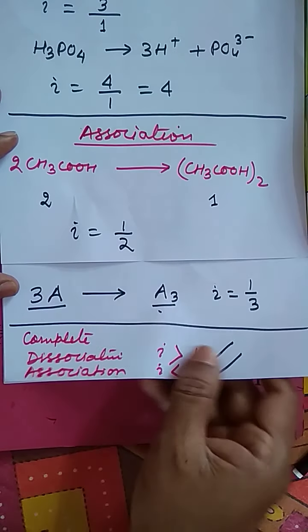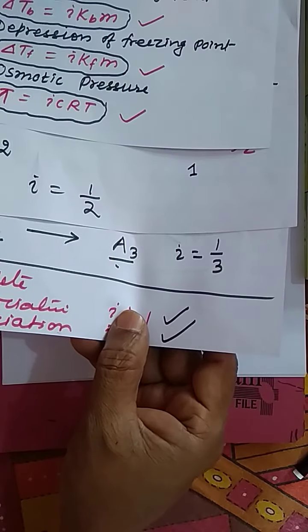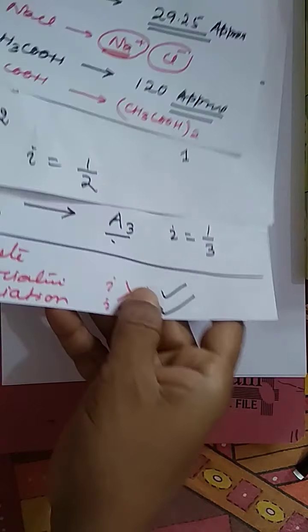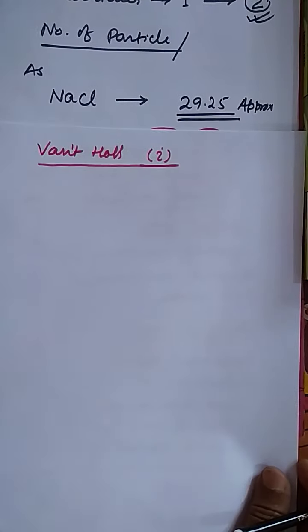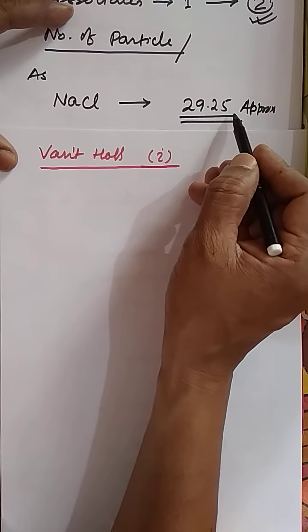Okay, now we are discussing the example of NaCl. When molar mass is calculated by means of colligative property, the abnormal molar mass of NaCl comes approximately 29.25.